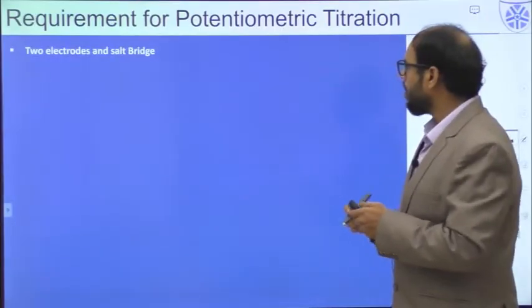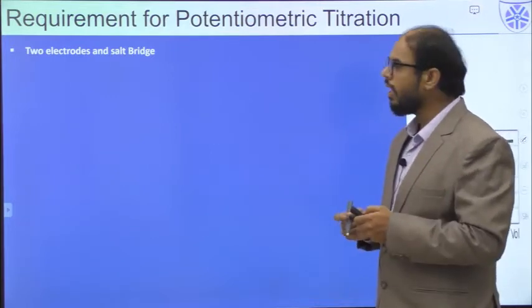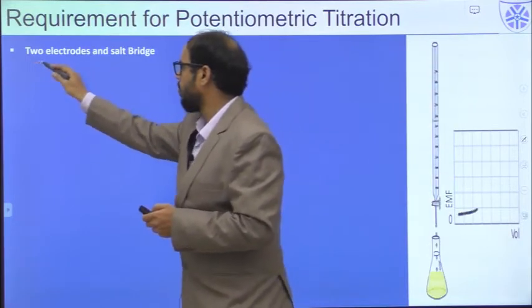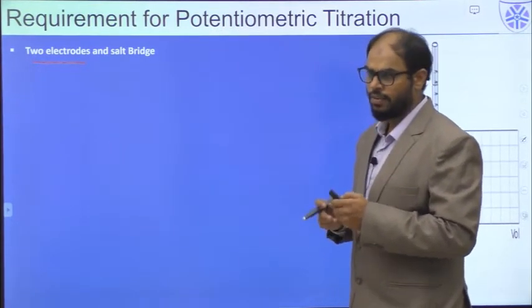And what is the ideal requirement for a potentiometric titration? As we told very clearly, for a potentiometric titration we require two electrodes. These two electrodes are the working electrode and the reference electrode.